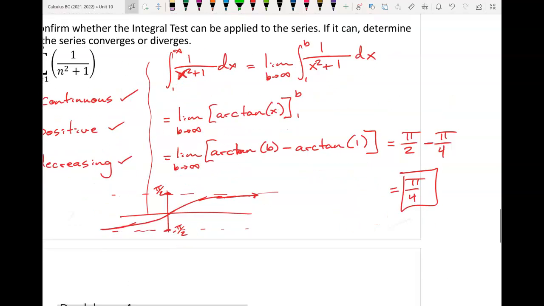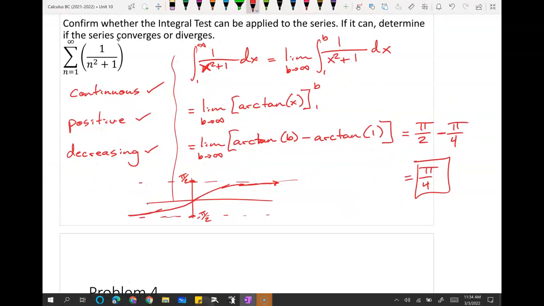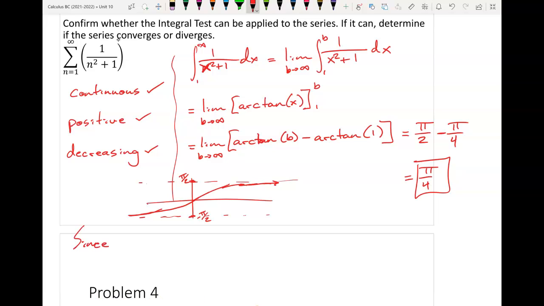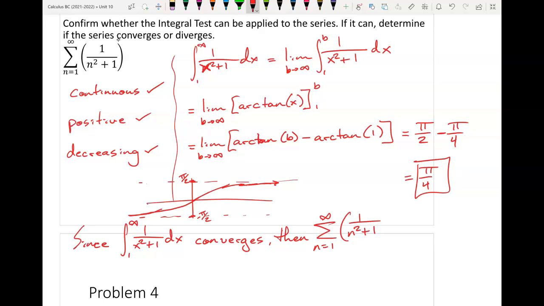So we can say our statement would be, since the integral of 1 over x squared plus 1 dx converges, then the series from n equals 1 to infinity of 1 over n squared plus 1 converges.